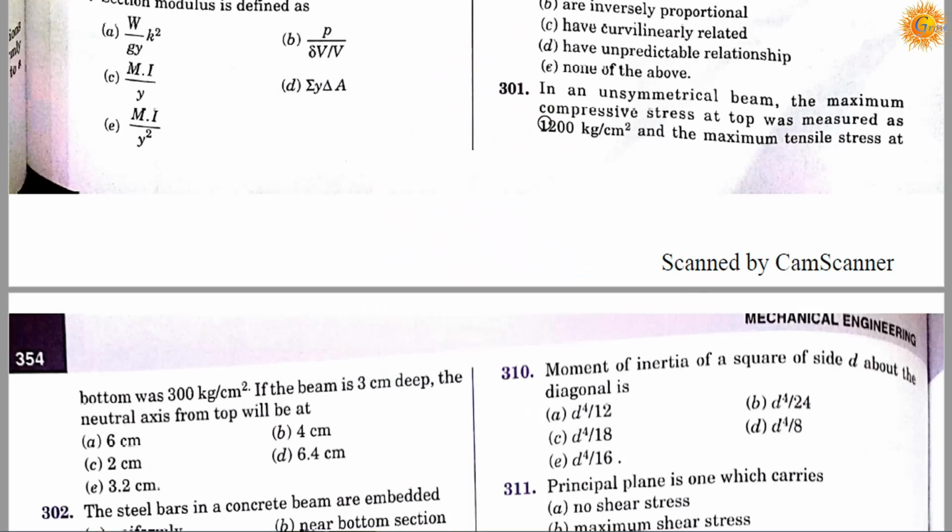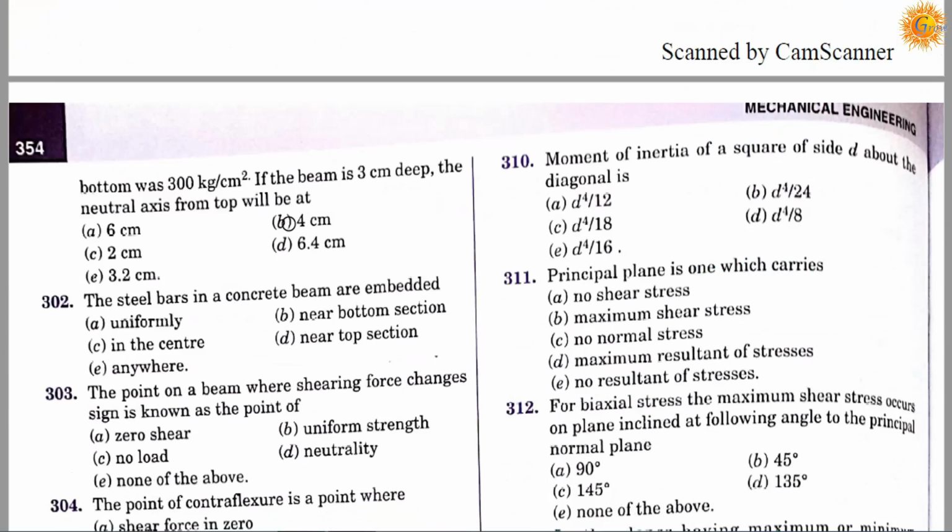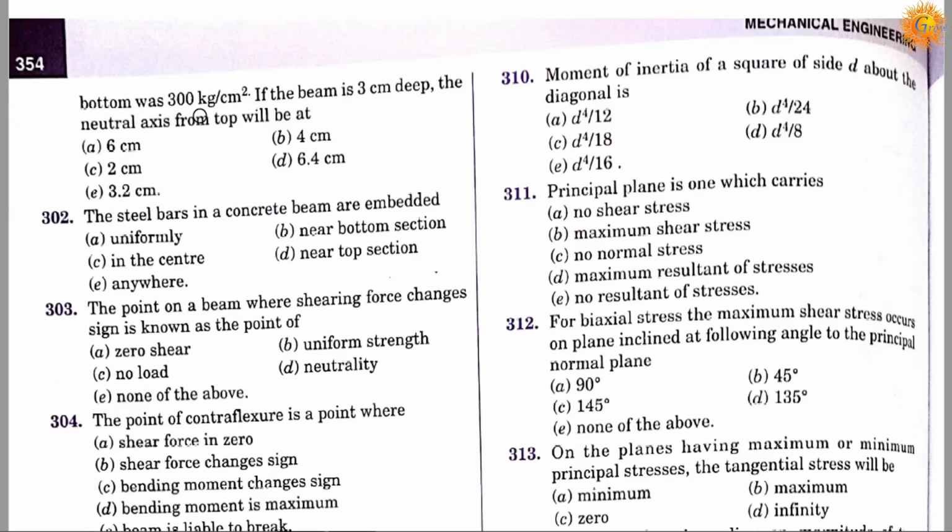Question number 301. In an unsymmetrical beam, the maximum compressive stress at top was measured as 1200 kg per centimeter square and the maximum tensile stress at bottom was 300 kg per centimeter square.